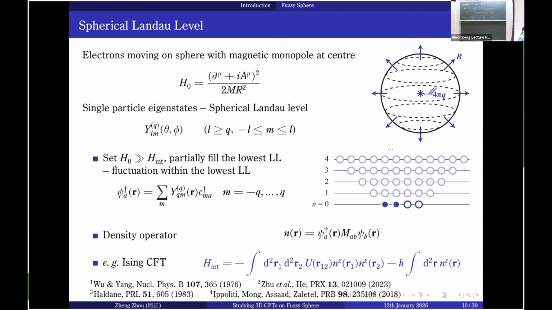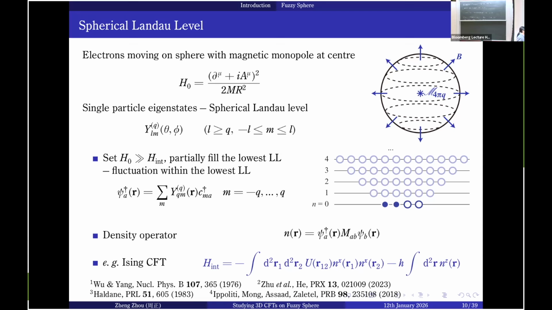So for n_x, we insert sigma x, and for n_z, we insert sigma z. U is a potential function of the density interaction.